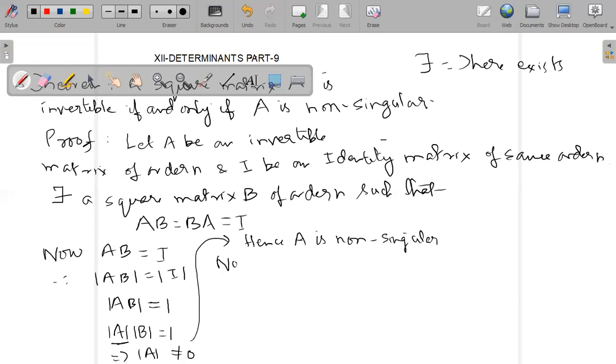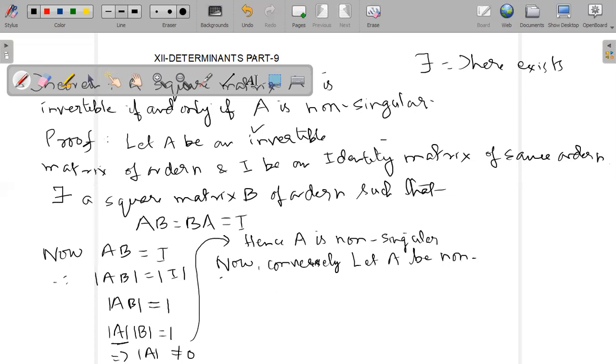Now we will take the converse of this. Conversely, we have taken A invertible, then A is non-singular. Now we will take A be non-singular, then we will prove that it is invertible.